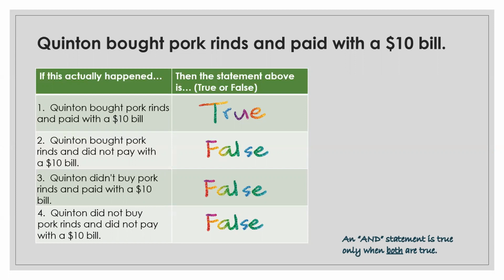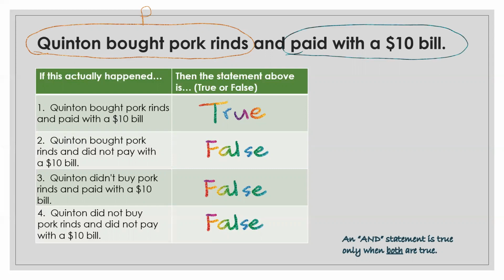Okay, what we'll do in symbolic logic is we would compile this information in a table, and we call that a truth table. Now we see here that there are two simple statements. P is Quentin bought pork rinds. Q is he paid with a $10 bill.